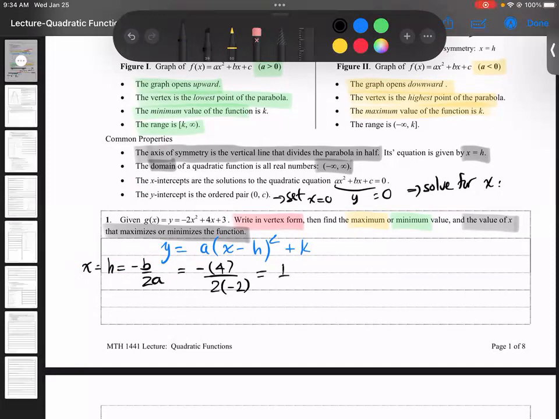And then to find k, you plug it in, right? So here is k of 1. So I have negative 2 something squared plus 4 times something plus 3.